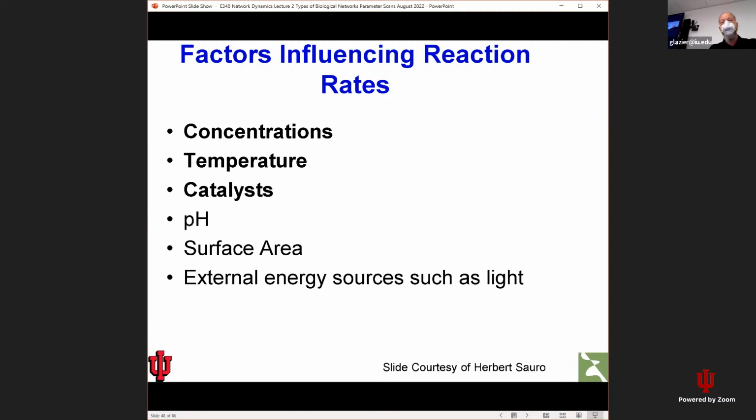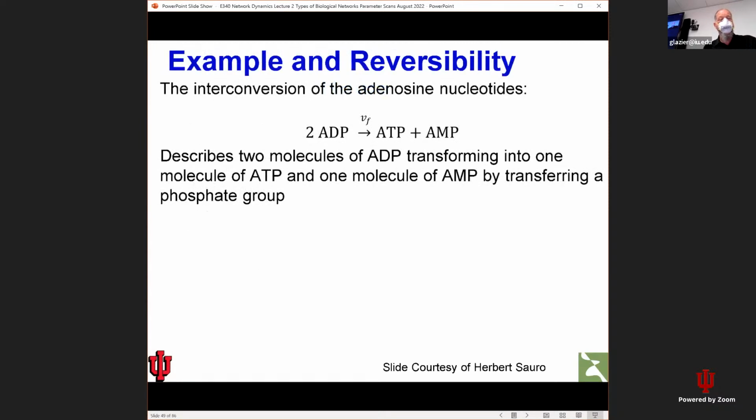But in fact, in the real world, if I change the temperature, rates change. And you'll have exponential factors that control rates of reaction. There may be catalysts, whether you're in an acidic or basic environment. If you have ions, those all change rates. And so you have to be aware of that.